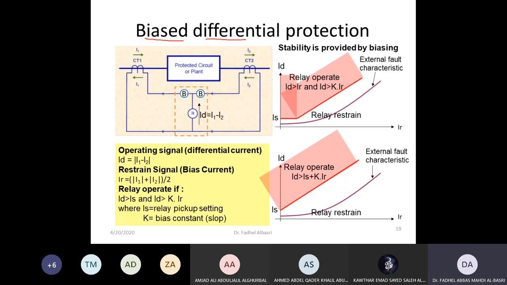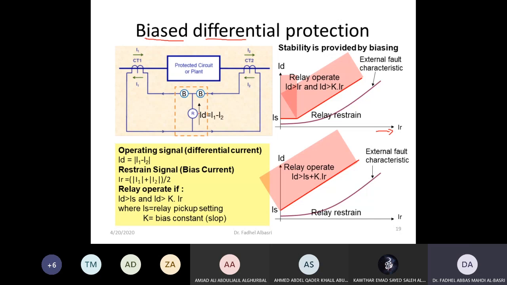Now these are not actual coils, they are just quantities proportional to these two currents. This is what we call the operating coil in the electromechanical principle. These are the bias coils. So in numerical relays, we have two quantities that you want to compare: the x-axis quantity and the y-axis quantity.